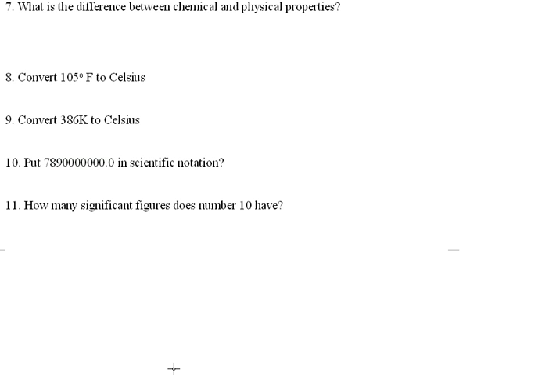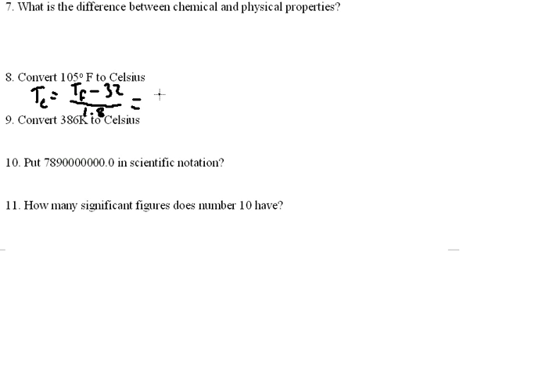If we take a look at number 8, if we want to be able to convert between Celsius and Fahrenheit, in this case we're going to have to use the formula: temperature in Celsius is equal to our temperature in Fahrenheit minus 32, all over 1.8.